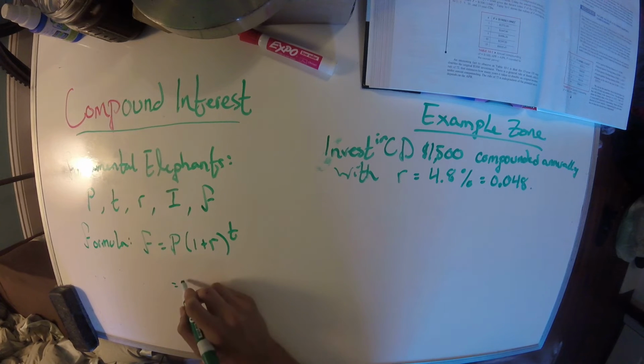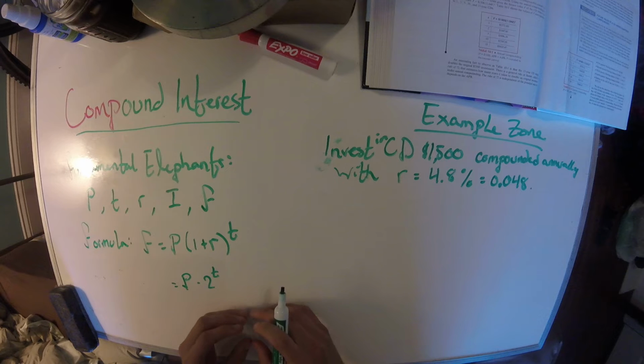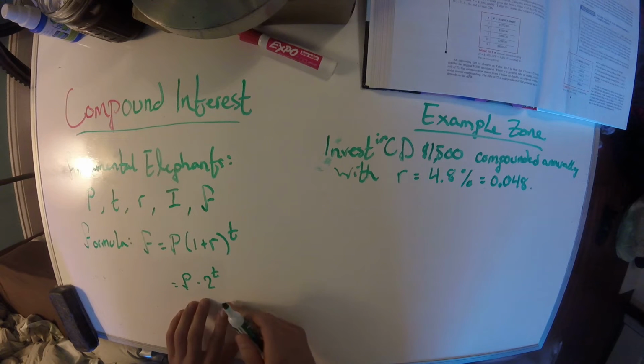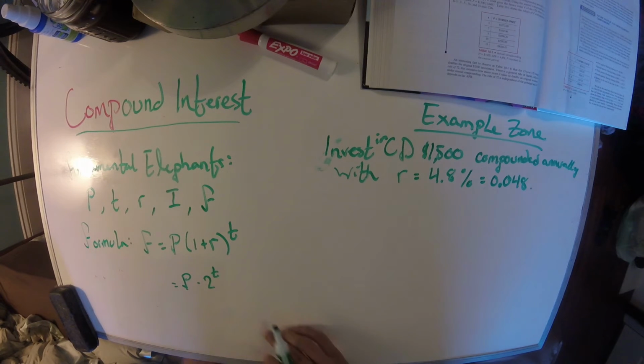So that would be equal to P times 2 to the T. If you think about it, if you start with $100, then at step 2 you end up with $200, and then at step 3, you end up with $400. You get that by just plugging in 1, 2, or 3 into this T here. So that's particularly useful.